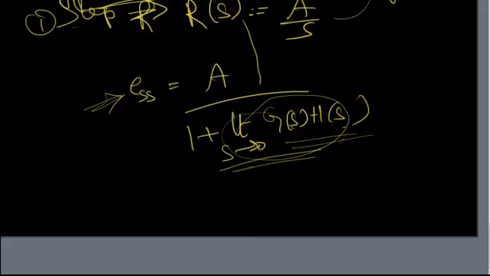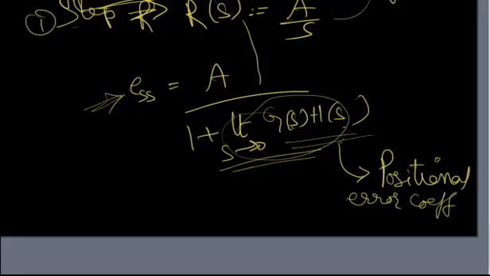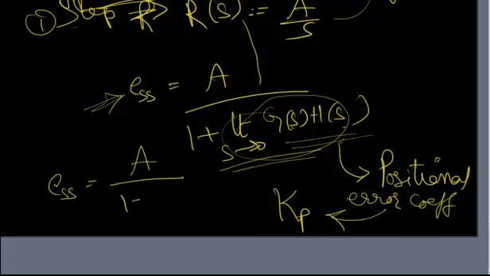So limit s tends to 0 g of s h of s ఇక్కడ ఎక్కడ input effect లేదు దీనిపైన. So it is a unique property of a system and this is called as positional error coefficient. Positional error coefficient, which is denoted by Kp. So finally ESS will be equal to a by 1 plus Kp.